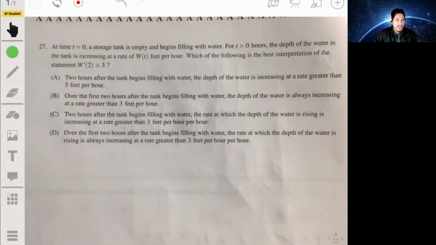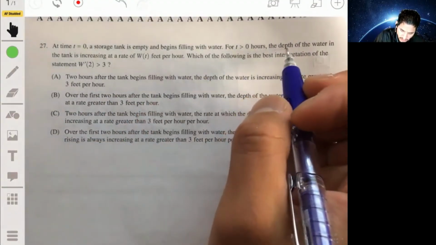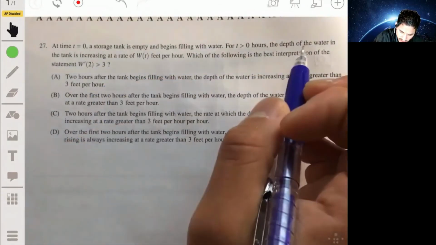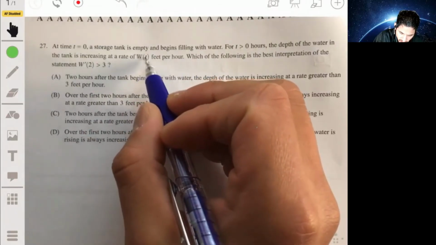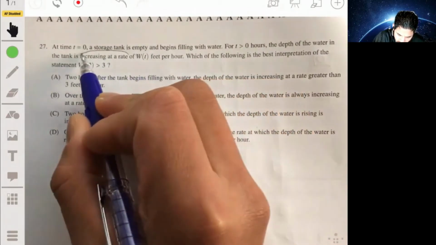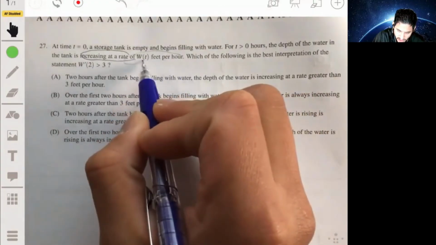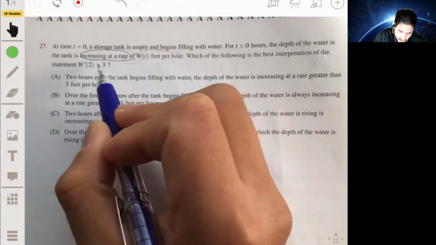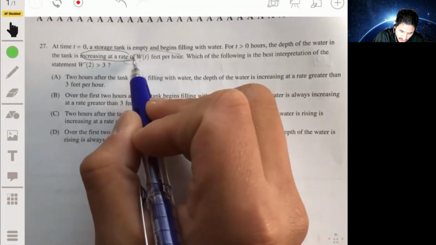Okay, so this one is kind of meant to trick you, or to really test your reading comprehension and calculus understanding. It's already telling you that capital W of t is describing the rate at which the depth of water is increasing. So you're already told this is a rate. If you take the derivative of this, then you are describing the rate of a rate.